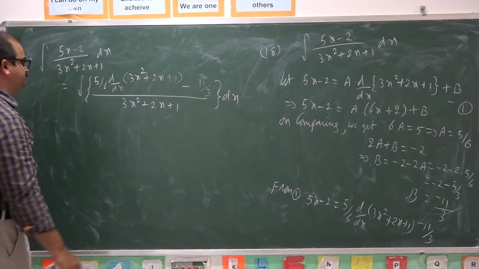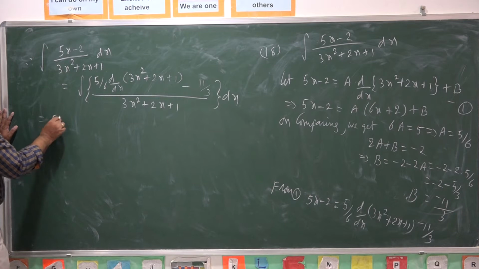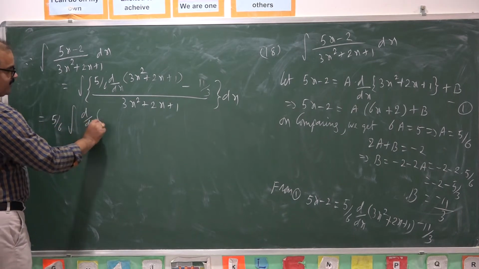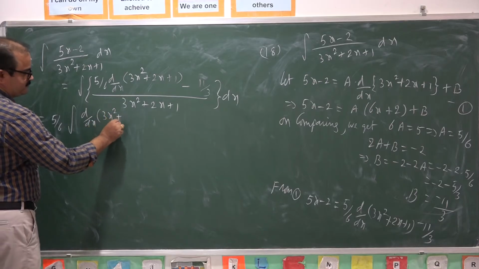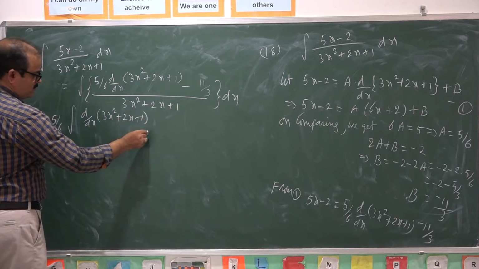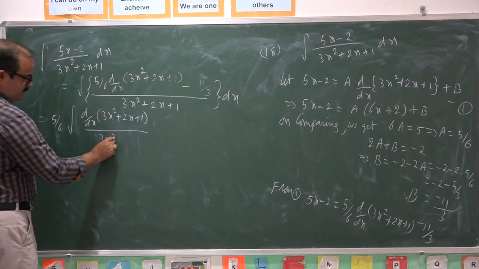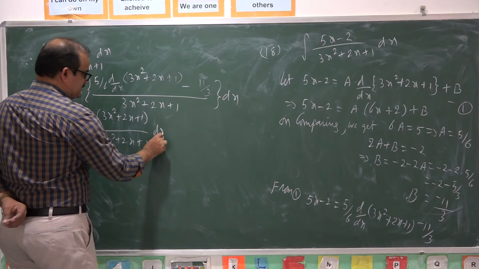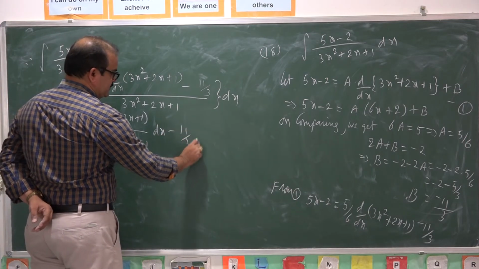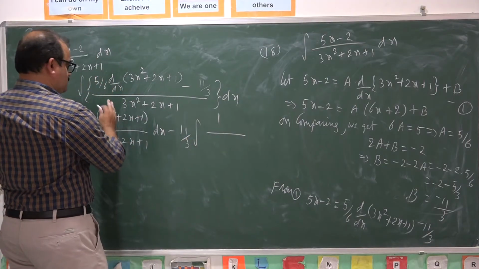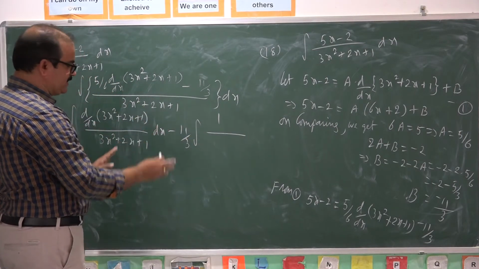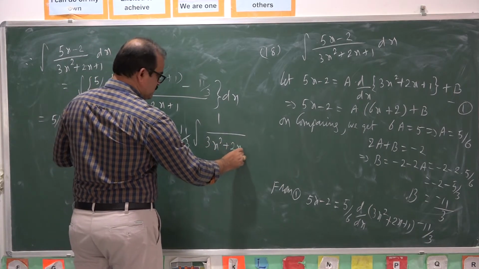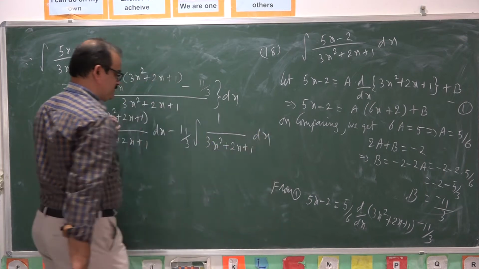Now divide it separately. 5 by 6 into integral of d by dx of (3x square plus 2x plus 1) by (3x square plus 2x plus 1) into dx, minus 11 by 3 into integral 1 by 3x square plus 2x plus 1 into dx.